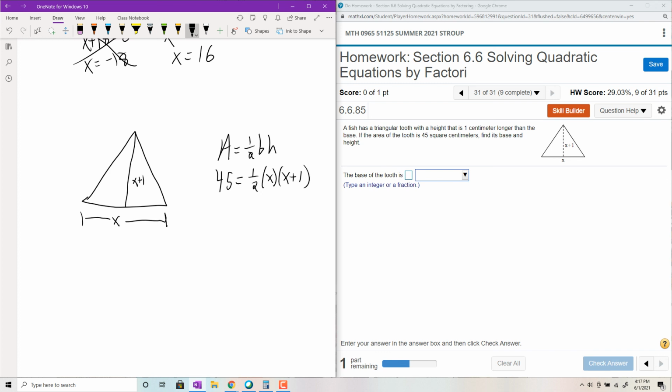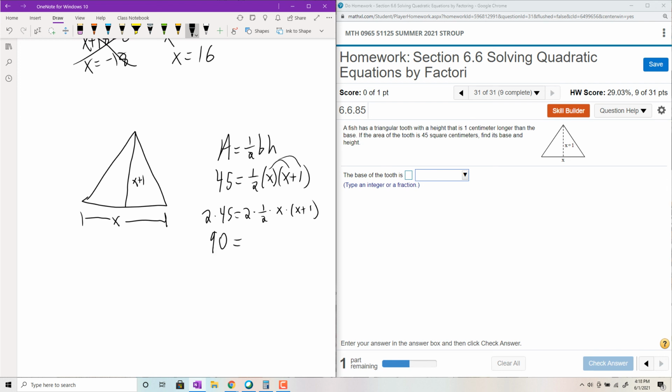So 1/2 the base is x times the height is x plus 1. Okay. Look, rather than distributing this 1/2 x into this, I'm going to multiply both sides by 2. Okay, that will get rid of that ugly fraction. So on the left side, I'll have 90.